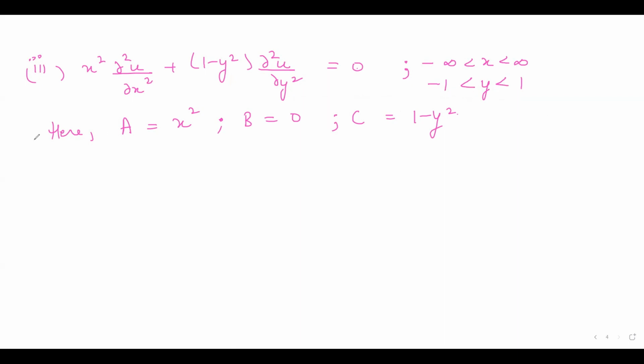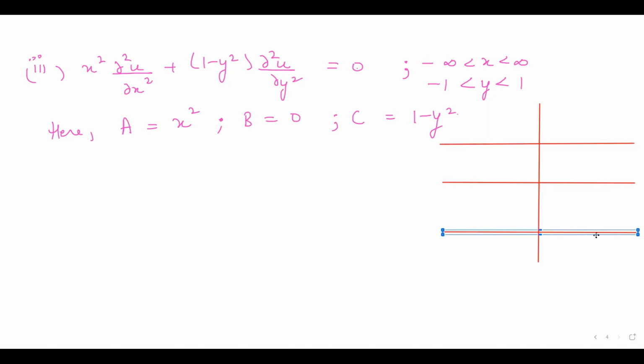So here, if I draw the lines, you will notice here, this is y is equal to 1, this is y is equal to minus 1, and x is ranging from minus infinity to infinity.